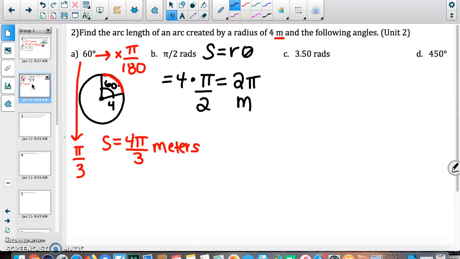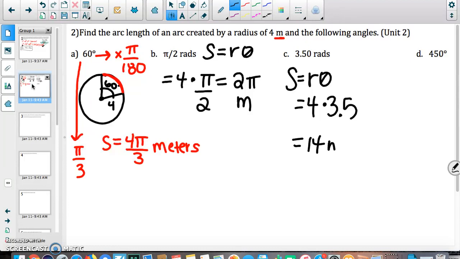Similarly, in part C, I know my radius is 4, and my angle's already in radians, so I can just plug it in just like that. 4 times 3.5 should give me 14 meters.